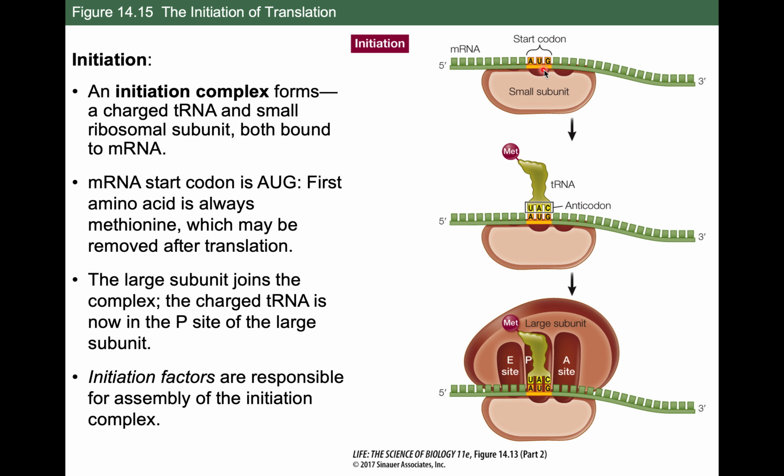So it will bind to the messenger RNA, positioning that start codon kind of right in the middle site, the P site. Then the tRNA that recognizes the start codon will come in and bind. So anticodon binds to codon. And as soon as that happens, then the large subunit comes in and kind of clamps the whole thing down.